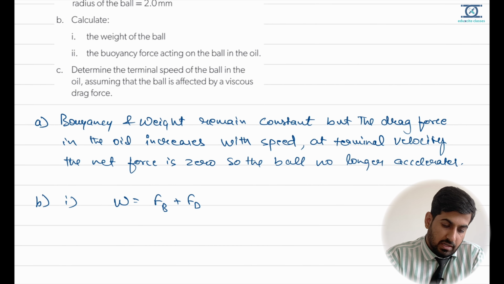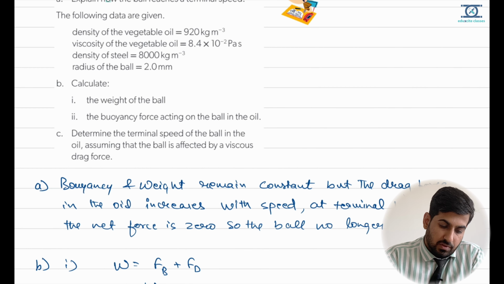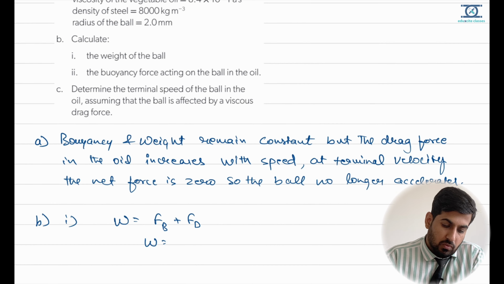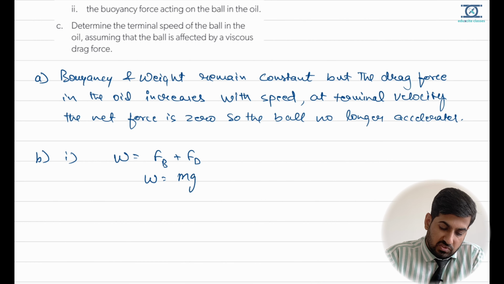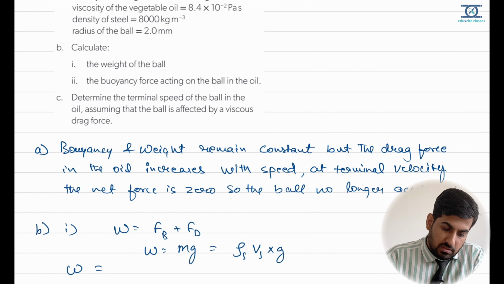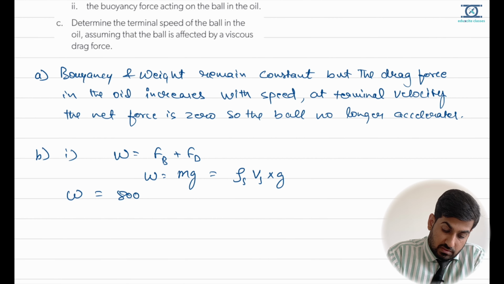This is also fine. For the weight, if you look at the values given, we know the density of the steel and the radius of the steel. So the weight will be m times g, and m is the density of steel times the volume of steel, times g, right? And density is equal to how much? 8000.